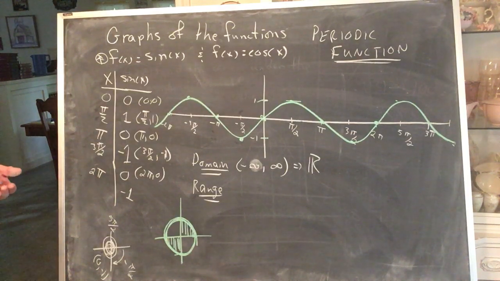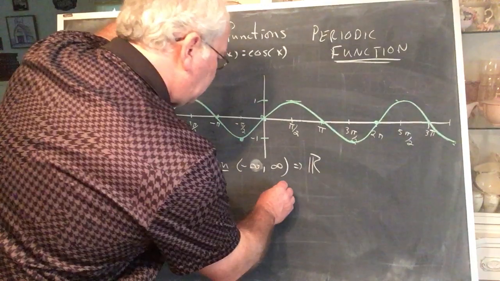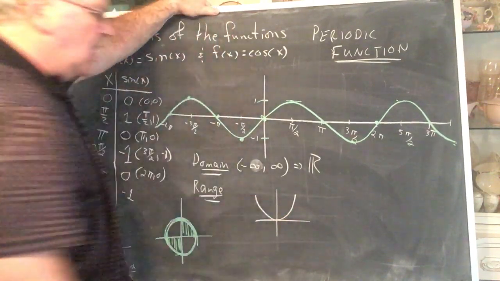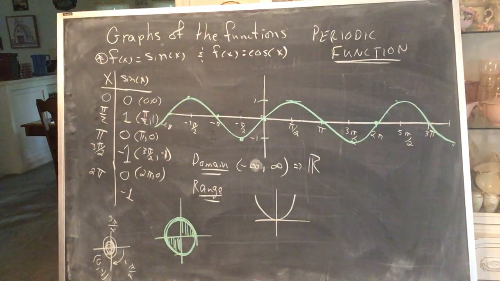One thing you should be able to do with this graph is exactly the same thing you could do with, say, the basic shape square function. If someone asks you to sketch the basic shape square function, you could draw that. That's not perfect by any means, but that's a reasonable approximation.